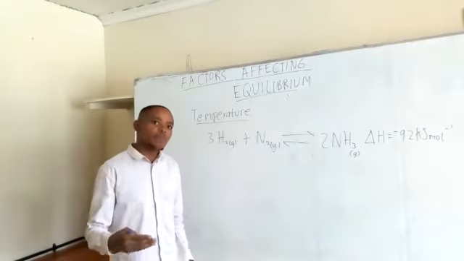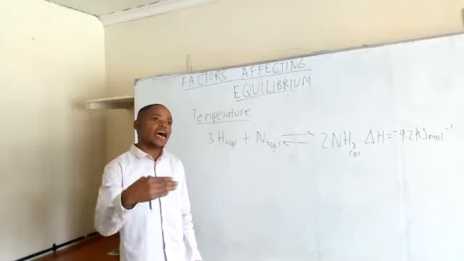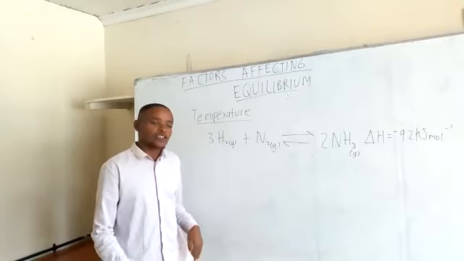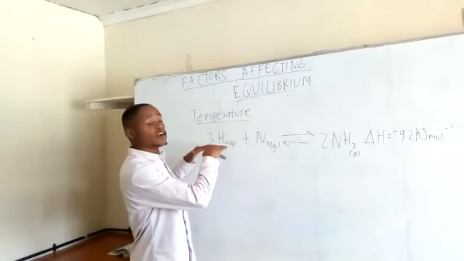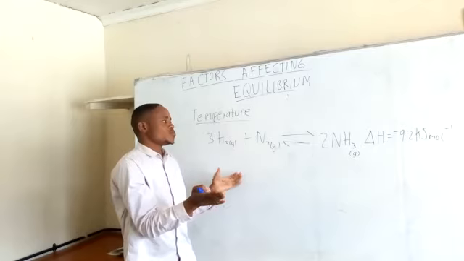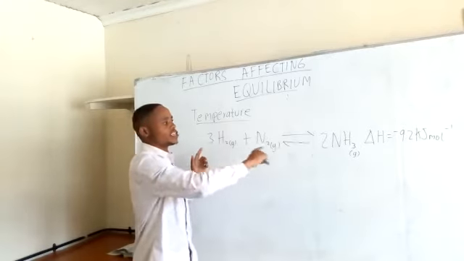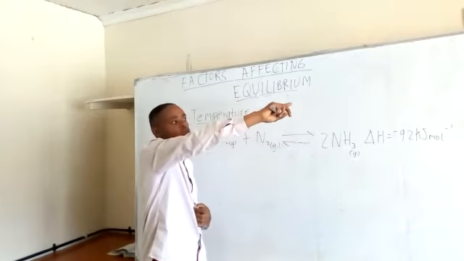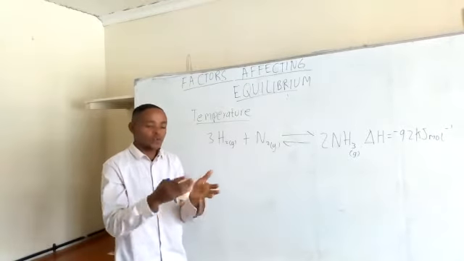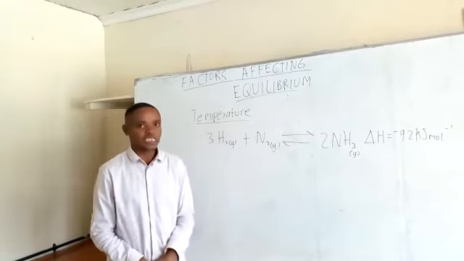So adding more heat is adding stress to the reaction. So the opposite is true. For the forward reaction, which is exothermic, to proceed, you need to lower the temperature. By lowering the temperature, you are reducing the stress.